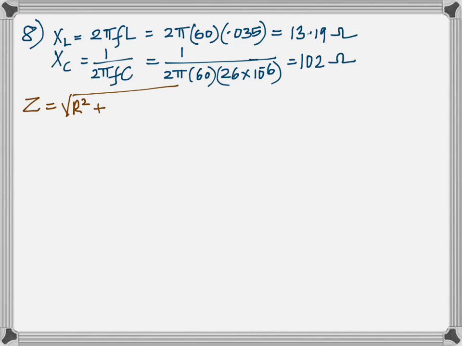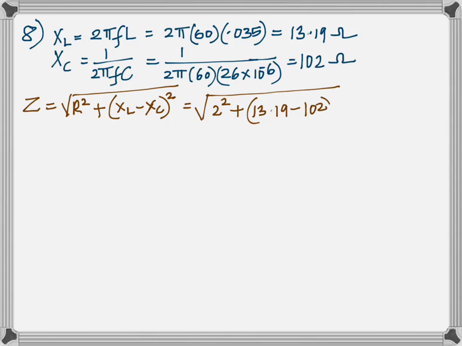Now impedance is this square root of R squared plus XL minus XC whole squared. .83 ohm.